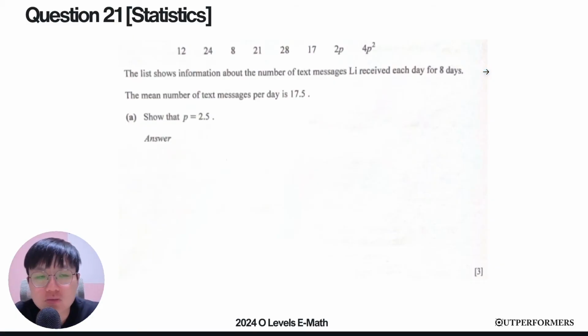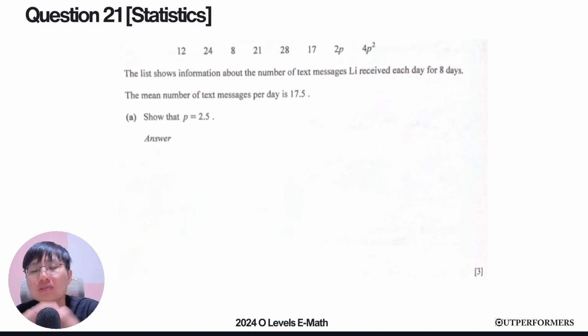Moving on to question 21 on stats. This statistics question comprises a series of numbers here and two unknowns over here, 2p and 4p squared. It represents the text messages sent by D over 8 days. And one very important piece of information for part A is that the mean number of text messages per day is 17.5.